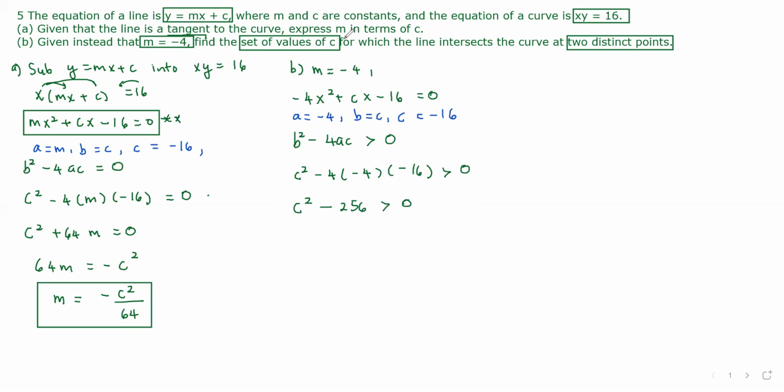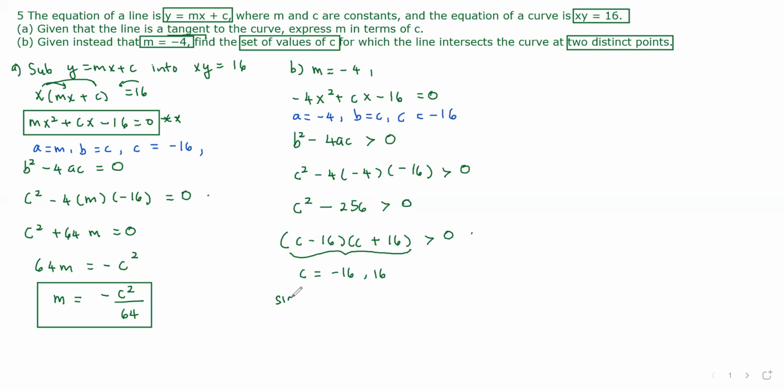Now you need to find the set of values of c so that this inequality is true. That is a difference of squares that can be factored to (c minus 16)(c plus 16) greater than 0. So from here, you see that the zeros are negative 16 and 16.